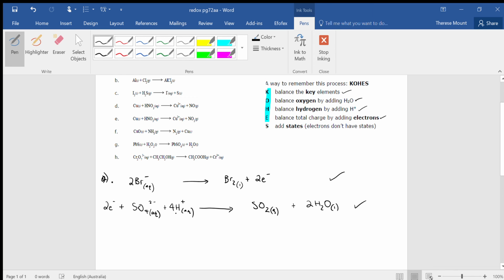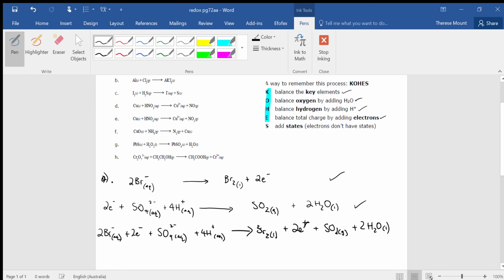So I'm going to add all these reactants into one equation. So 2Br⁻ aqueous plus 2 electrons plus SO4 2⁻, that's all my reactants there. And then I'm going to add all my products, so Br2 liquid and 2 electrons, and then the sulfur dioxide gas and 2 waters.